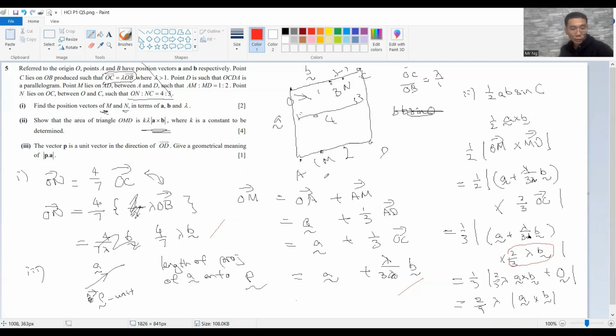So what's OC? 1 over lambda minus 1. So this whole thing is 2 OC, lambda OB is 1. So lambda OB.